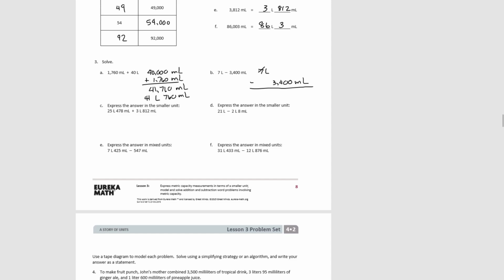So in order to do the subtraction, we'd have to take 4,000 milliliters, which would leave us with 3 liters. Then if we do the subtraction, we'd get 600 milliliters and 3 liters, which would be the same as 3,600 milliliters.